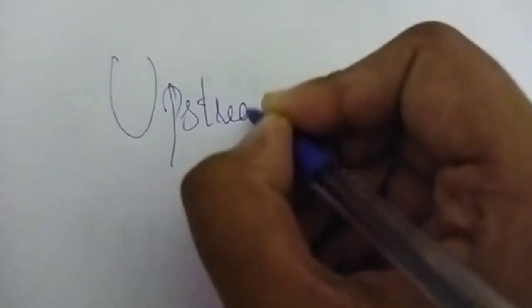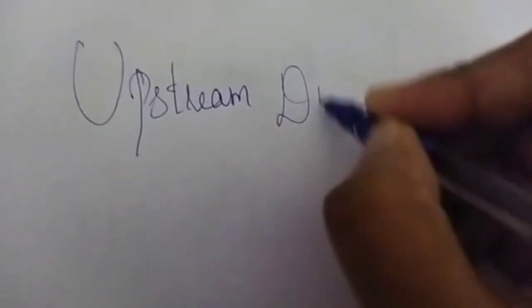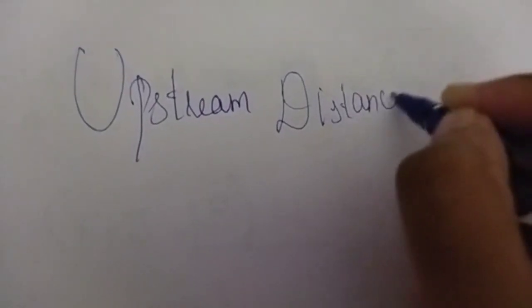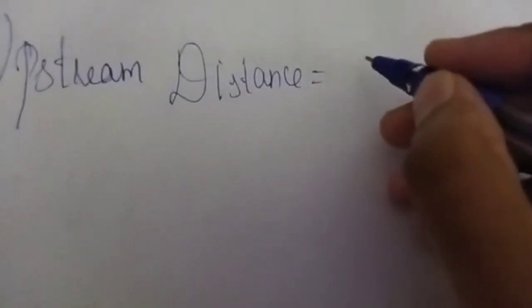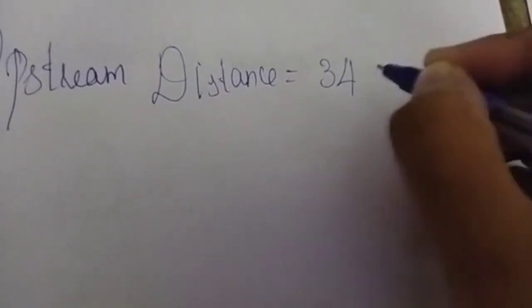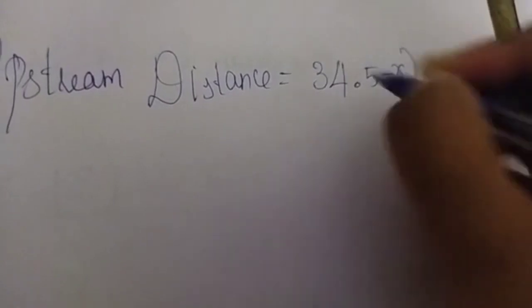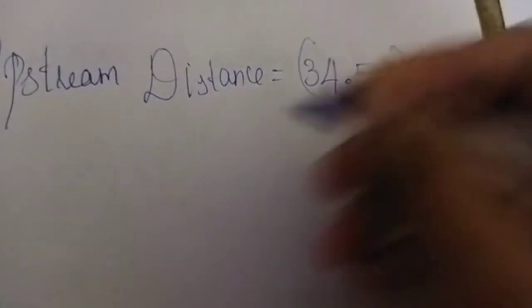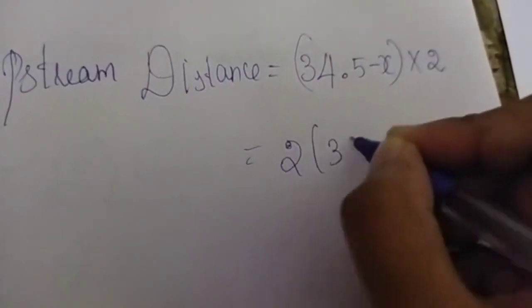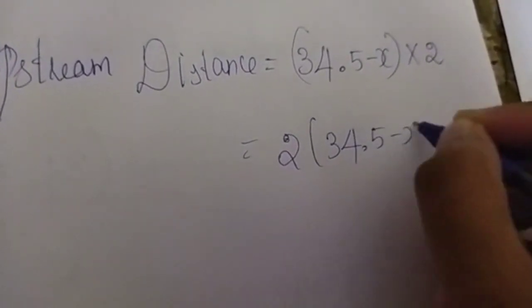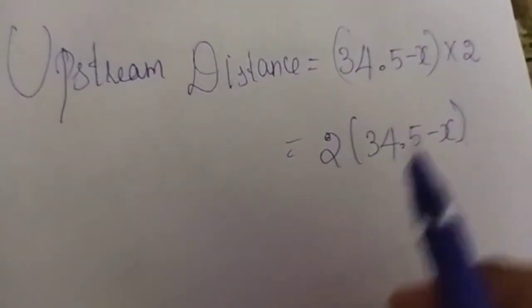Upstream distance is equal to speed into time. Upstream speed is 34.5 minus x, into 2. We can write this as 2 into (34.5 minus x). So this is upstream distance.